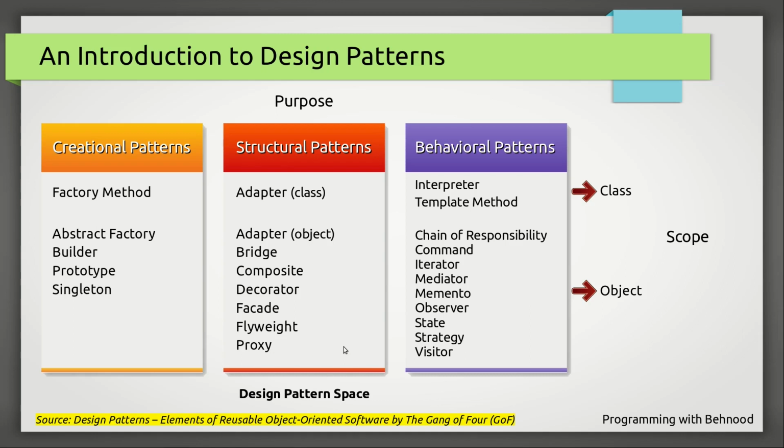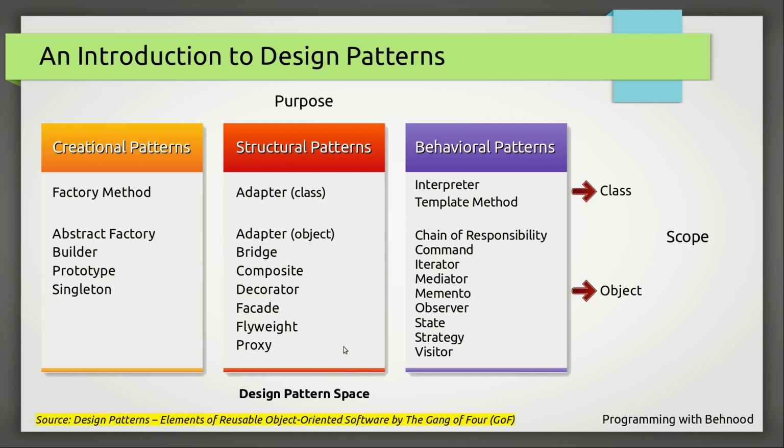Creational class patterns defer some part of object creation to subclasses, while creational object patterns defer it to another object. The structural class patterns use inheritance to compose classes, while the structural object patterns describe ways to assemble objects.